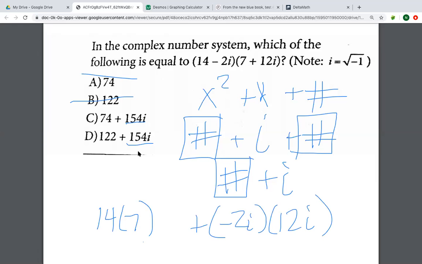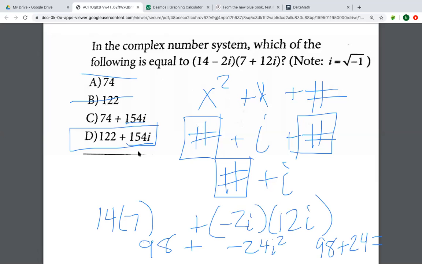So we end up with 98 plus -24 i squared. i squared is the same thing as -1. So -24 times -1 is just 24. So 98 plus 24 is equal to 122. So I know that D is the correct answer.